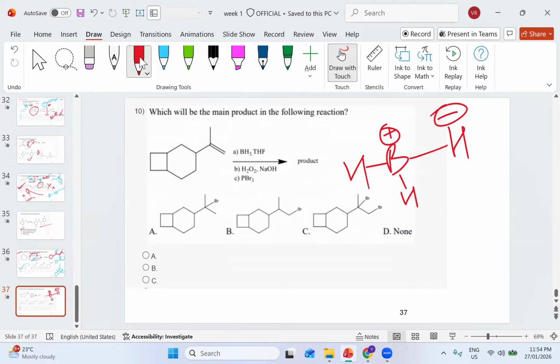That's where people make the mistake in this first step. So do the addition according to the anti-Markovnikov rule, followed by the oxidation on the boron, and then there will be PBr3. PBr3 is basically helpful for bromination, so it will replace the hydroxyl group to convert it to the bromo compound.